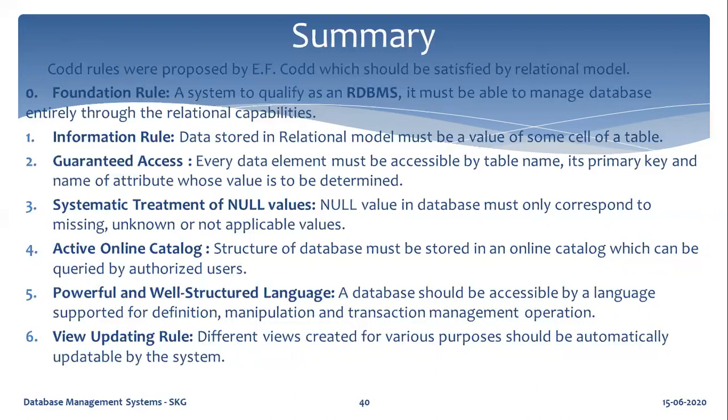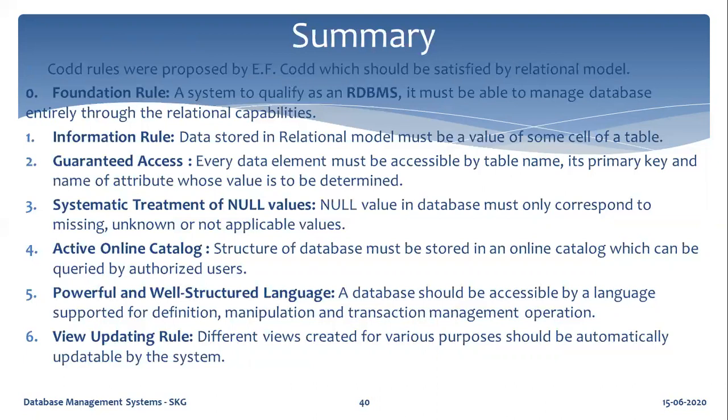The third rule is systematic treatment of null values. Null is what? Missing, unknown or non-applicable. Active online catalog means the structure of the database should be accessible to authorized users. Powerful and well structured language: there should be a language that can access all the data definition, manipulation and transactions, like SQL.